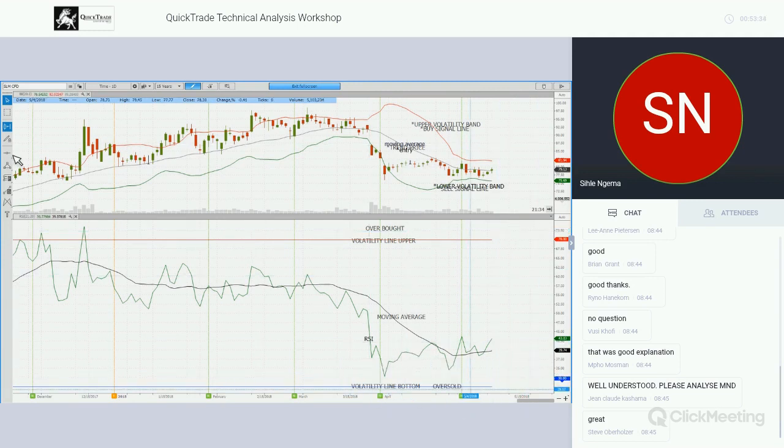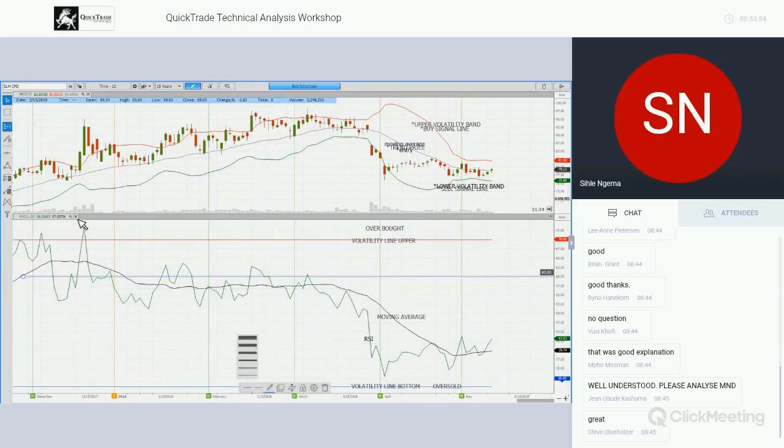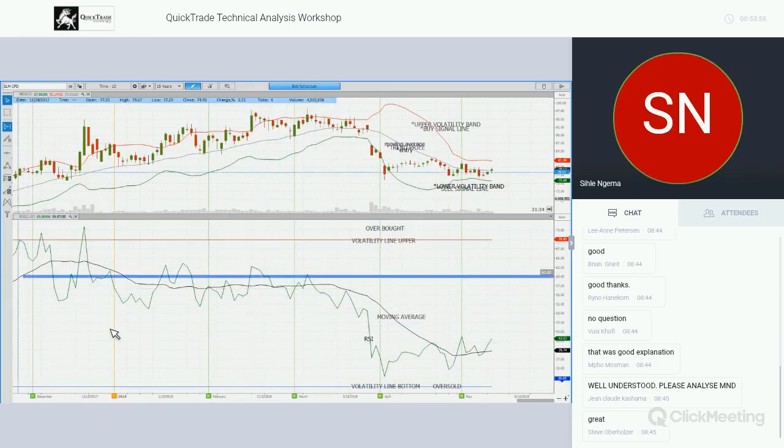Now, there are 2 other factors within this very same RSI indicator which you should be looking at. Now, that is the point of 60. So I'll put a line at 60 there. The point of 60. So I have a 60 line there.